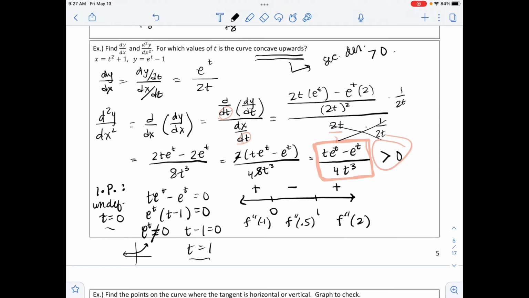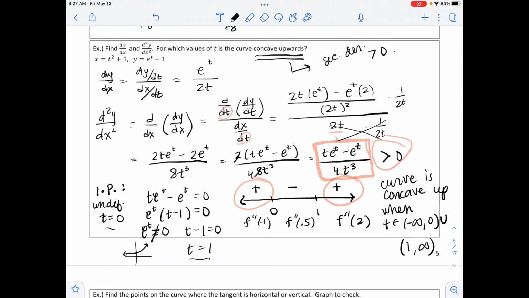So the curve is concave up on the interval from negative infinity to 0 and from 1 to infinity. So when t is in the intervals from negative infinity to 0, union, 1 to infinity.